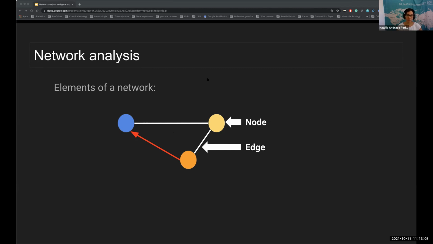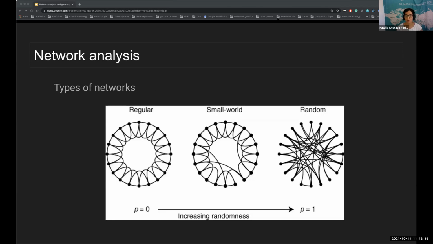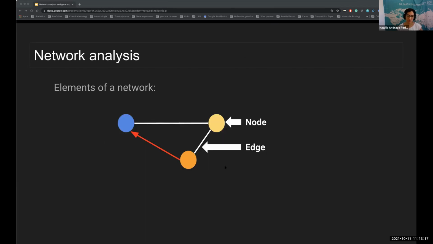Then there are networks that are directed or undirected. When they are undirected, they don't have a directionality, as you can see between the yellow and the orange. Directed means that we have previous knowledge that the orange element is going to affect the blue element.